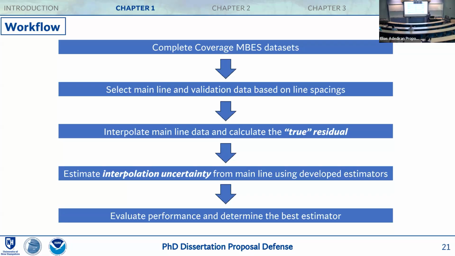The true residual is the interpolation error, and the estimated interpolation uncertainty is our attempt to estimate that true residual, or interpolation error. Once we do that, we can evaluate the performance and determine which one is the best estimator based on the weighted composite score that I just described.